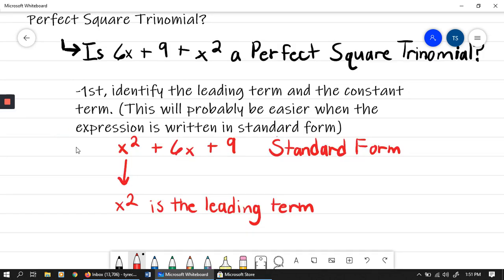It's the leading term because that is the term that has the highest exponent, and the highest exponent here is 2. The constant term here is 9. Remember, constant means that it's a number written without a variable. So that is the constant term.